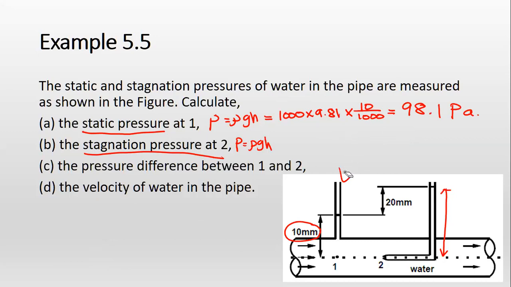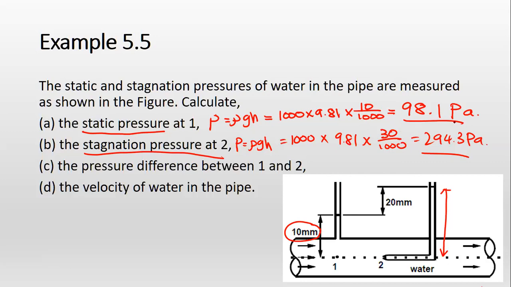So for the stagnation, we are going to calculate the rho g h. This will be 1000 times 9.81 times your height, which in this case is 30 mm. If you calculate this, this will be 294.3. So as expected, your stagnation pressure is definitely higher than your static pressure.